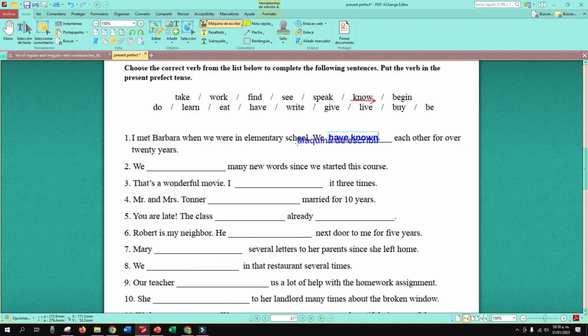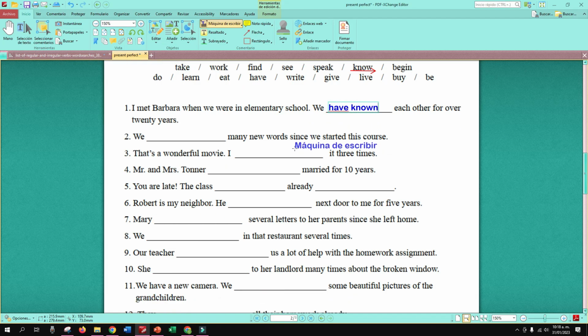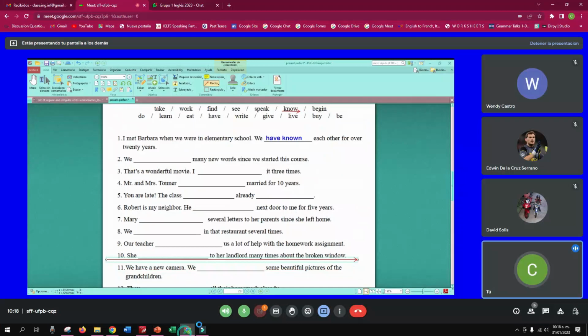Okay, so guys, I want you to work on those sentences and you can do it until 10. We're going to work until the number 10, okay? Try to choose the correct verb and write those sentences in present perfect, okay? You're going to have around 3 minutes.